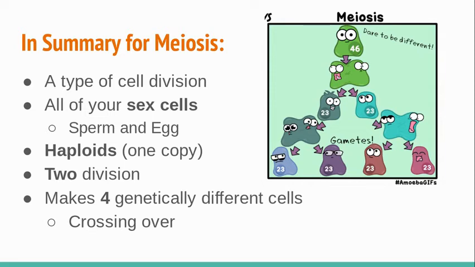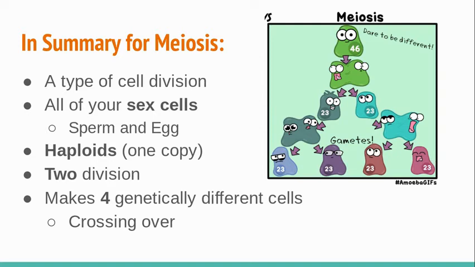Otherwise, we get some outrageous number, and it might not work. So our gametes have to each have 23 chromosomes so that when sperm and egg come together, 23 and 23 make 46 chromosomes, and we make a good human.